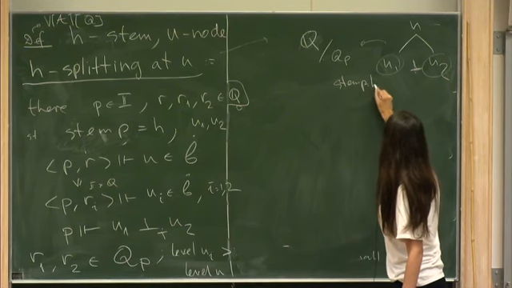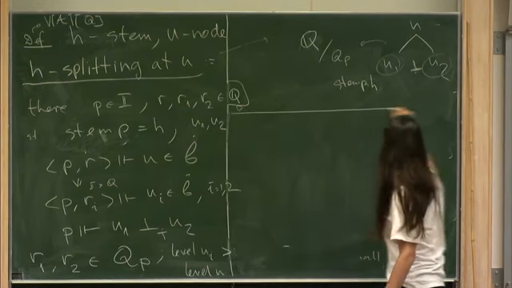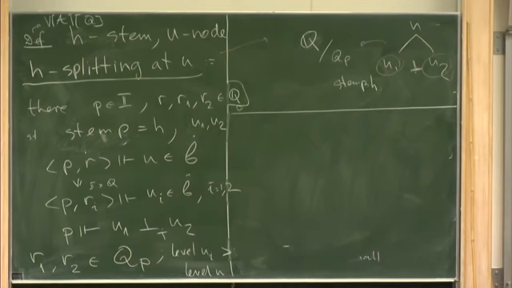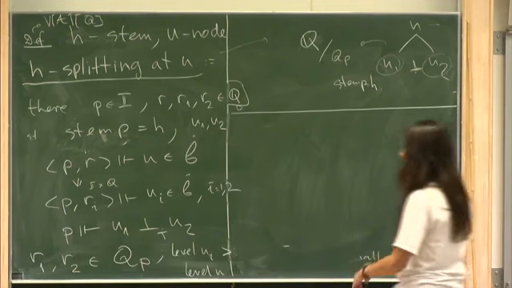Stem P, H. As in the end, I want to define a branch kind of like this, taking all the possible nodes forced to be in B above some level. So I'm going to argue that at some level, you cannot have H splittings unboundedly often. That's the main point.